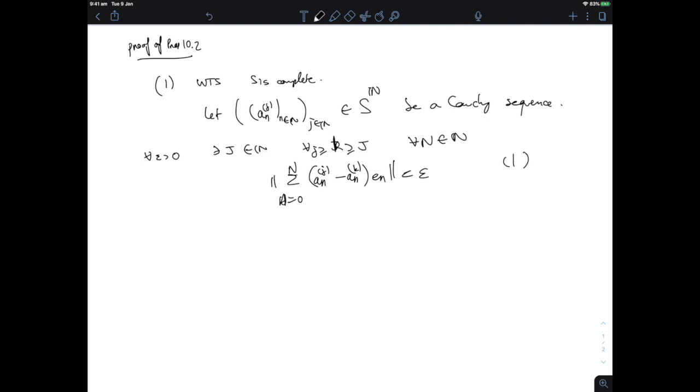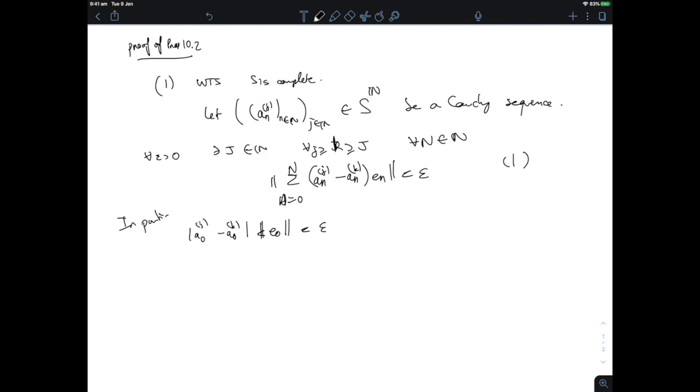Let's call that 1. So this is the assumption that I have a Cauchy sequence in S. Now, if I apply it for capital N equals 0, then I get that |a_0^j minus a_0^k| multiplied by the norm of e_0 is smaller than epsilon.